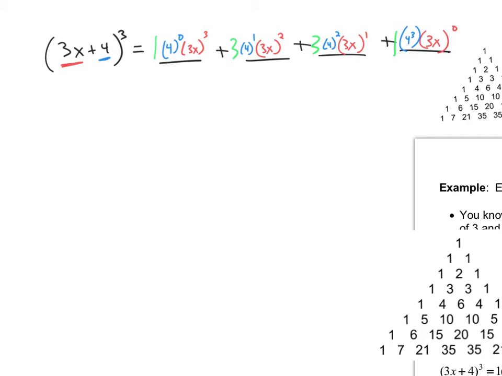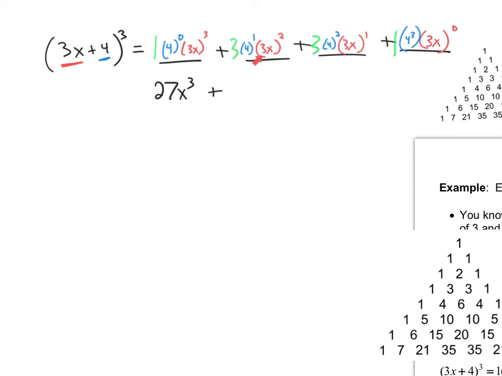So I've got 4 to the 0, which is 1, but now I've got to take 3x cubed. Well, the 3 cubed is 27, and then I have the x cubed. So I've got 27x cubed. Next, I've got a 3 times a 4 times a 3 squared.